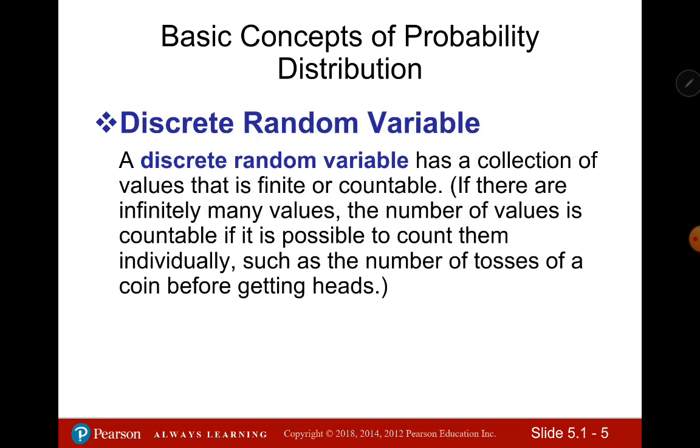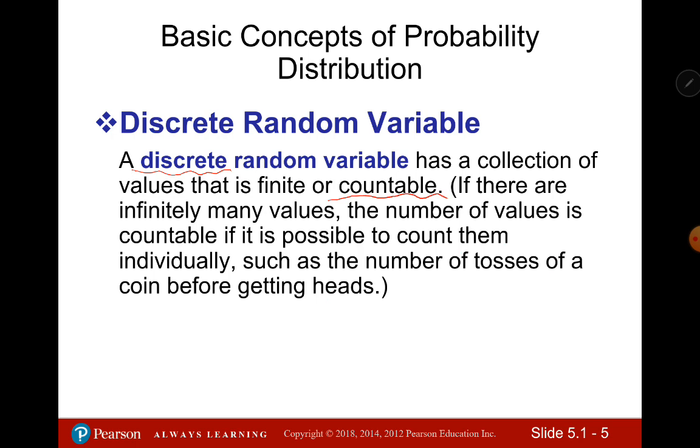We have two different kinds of random variable. The first one, we call it a discrete random variable. So it is countable. The values are countable. Something like the number of girls, the number of boys, they are all countable numbers, right? And the number of heads, if we just toss a coin, how many heads do we have?